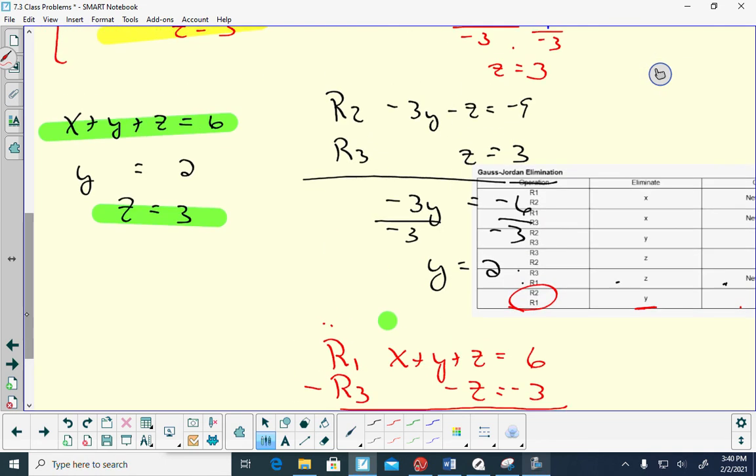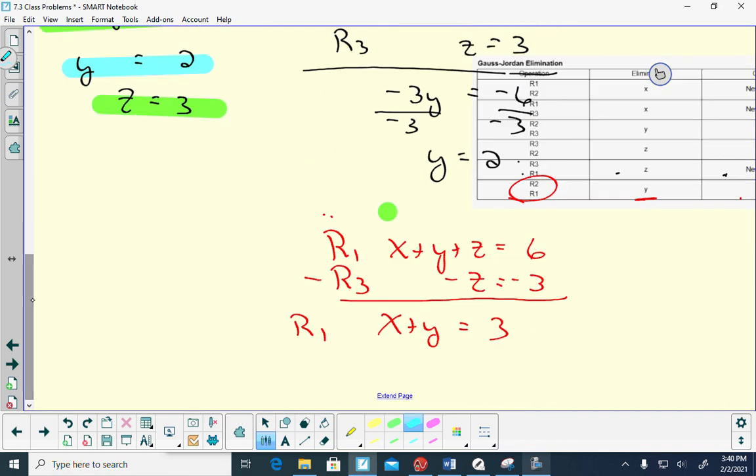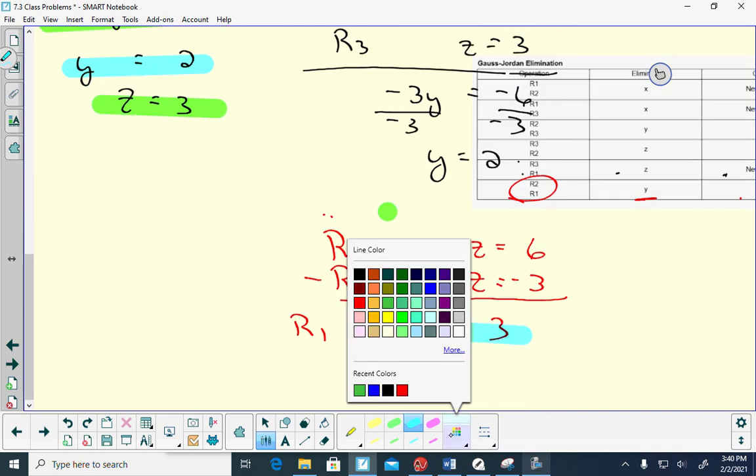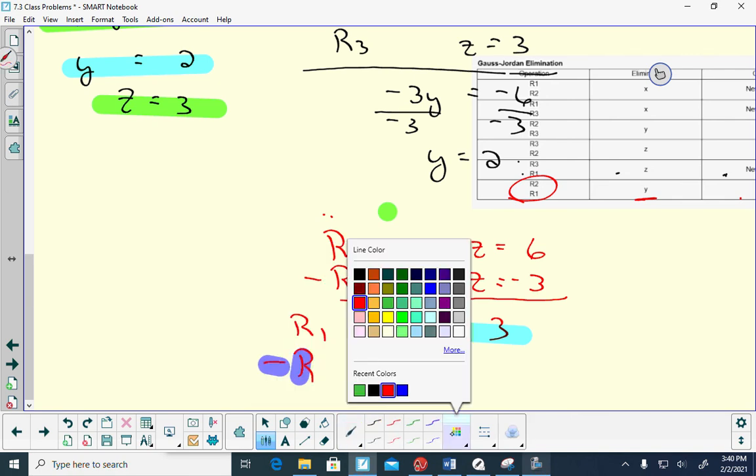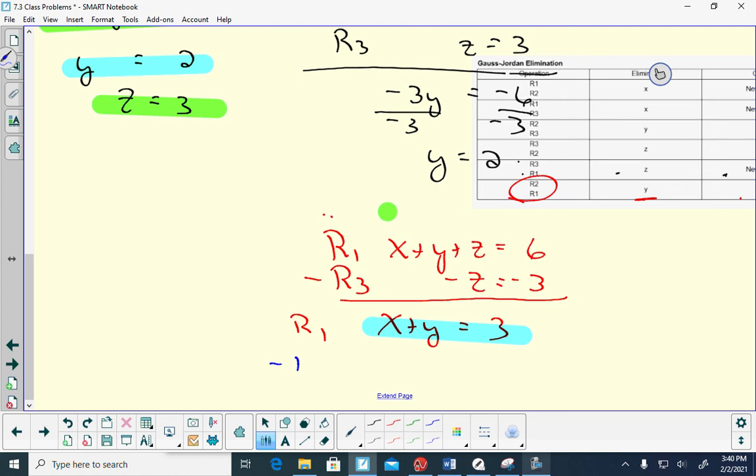So I have x. This is my new row 1 right now. My row 2 is this. So I'm doing this and my new row 1 to eliminate my y. Looks like I'm just going to take the opposite of row 2. Messy, messy, messy.